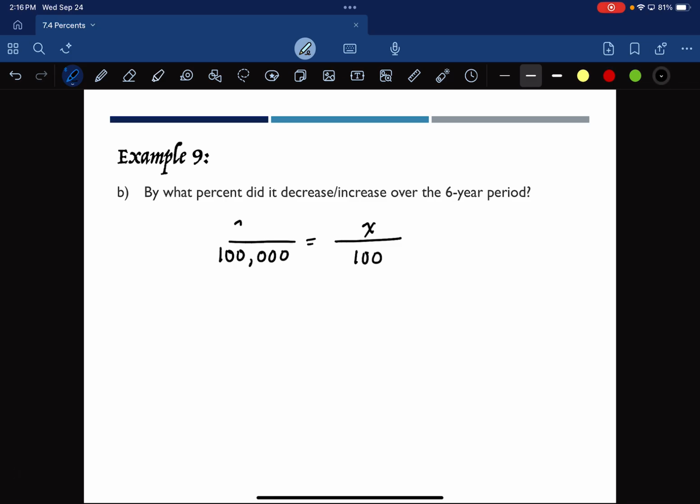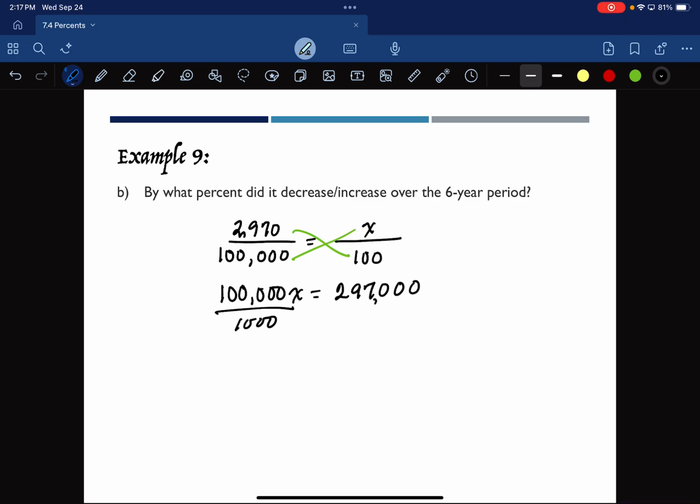So we've got our 2,970 right here, and we're going to cross multiply. We have 100,000 X equals 2,970 and then 2 more zeros since we multiplied by 100, so 297,000.